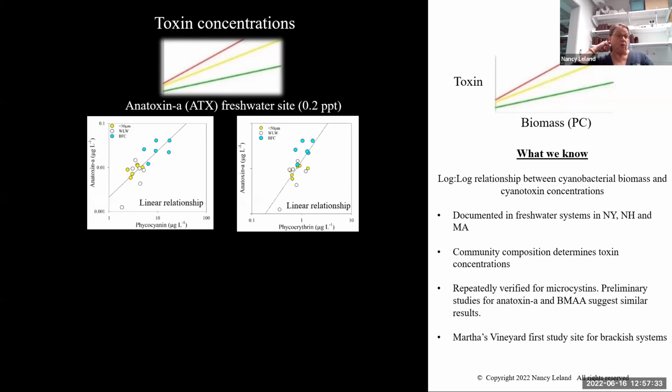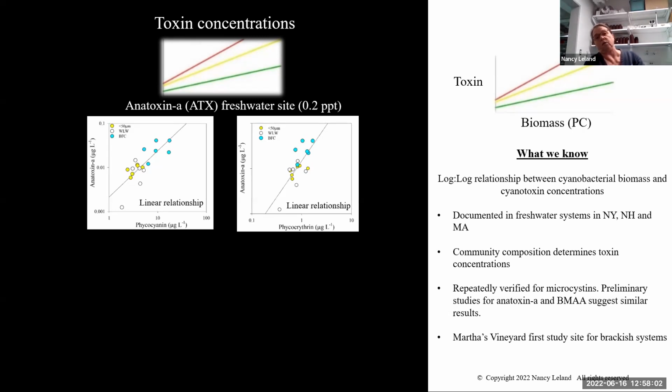So what I'm going to share with you is some of the preliminary results that we had from last year's survey work. For anatoxin A in our freshwater site, which was 0.2 parts per thousand, we were able to work with not only the phycocyanin biomass, but the phycoerythrin as well. And we were able to establish linear relationships between these 2 variables.